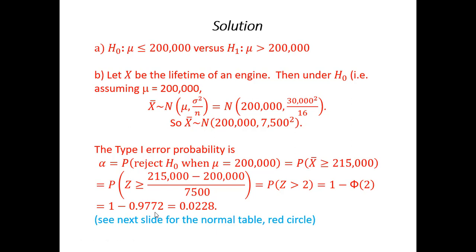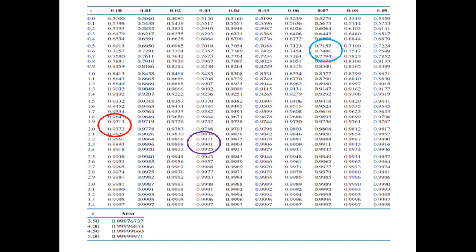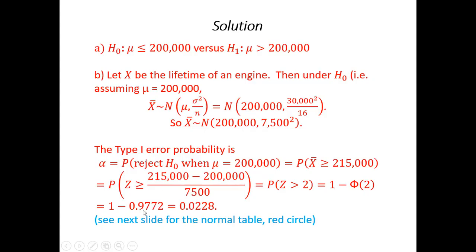So let's just confirm where that number comes from. We have z is exactly 2.0. So inside this red circle, you'll see here 0.9772. So that's where we're getting this number, and then we work out the subtraction. So we get alpha is equal to 0.0228.